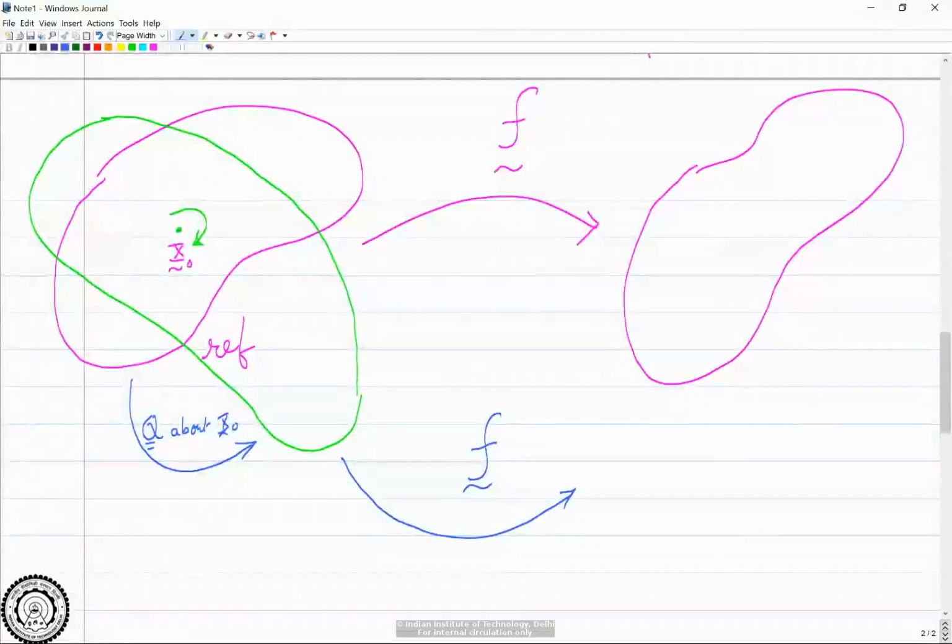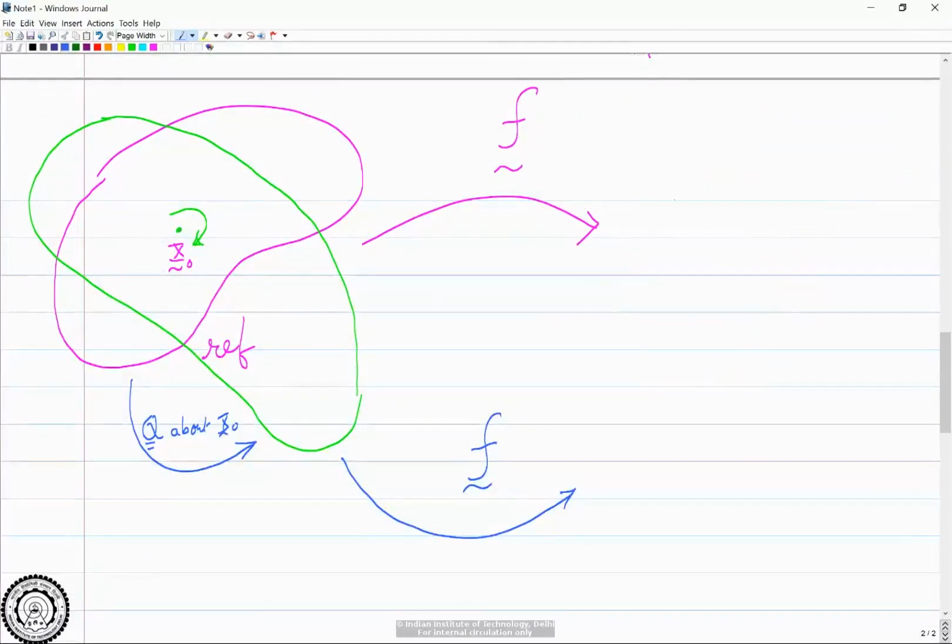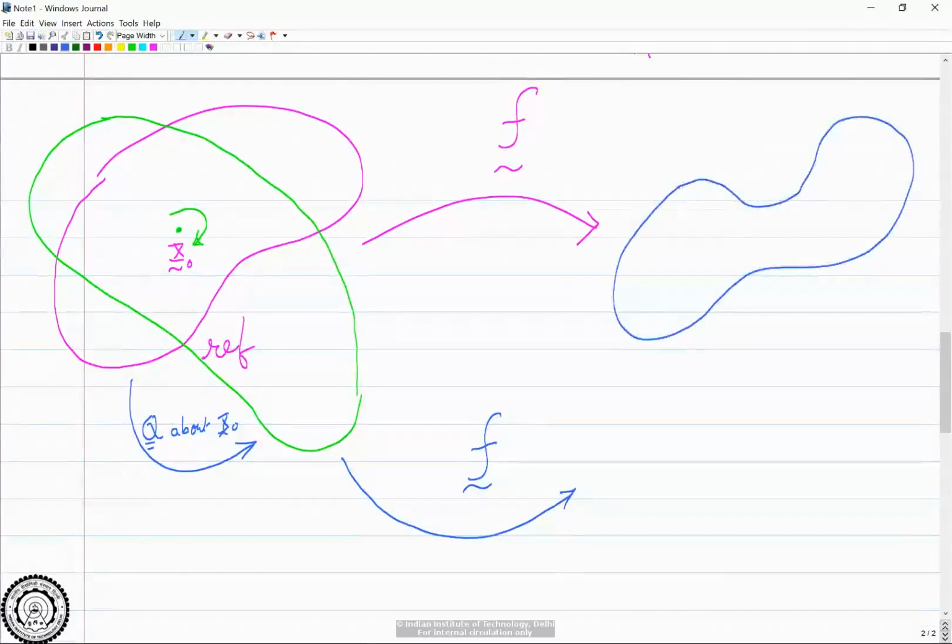Now can you imagine what the final body will look like? Let me make this one a bit different. So in the second case, can you think of what the final body will look like? The shape, will it be the same as this one, or will it be something else? What do you think?